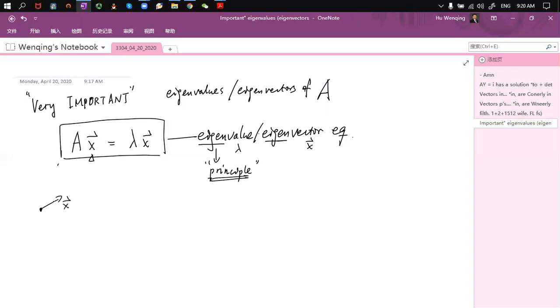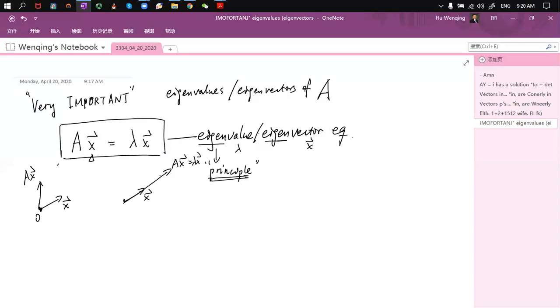You take a vector x, you apply A to it, and maybe you end up with another vector Ax somewhere here. But if x is an eigenvector, it means that if you start from x, you must end up with Ax equal to lambda x. It's aligned with the vector x. So that's the meaning of the eigenvector.